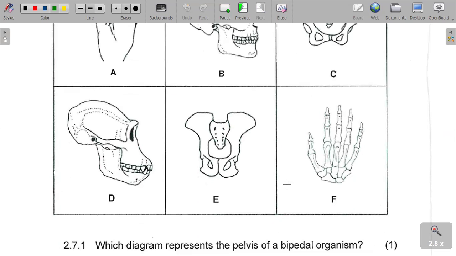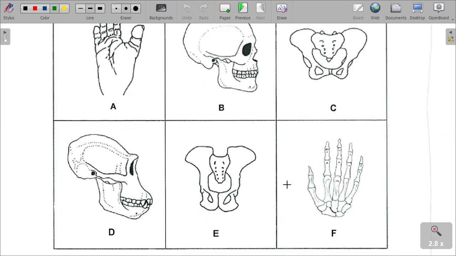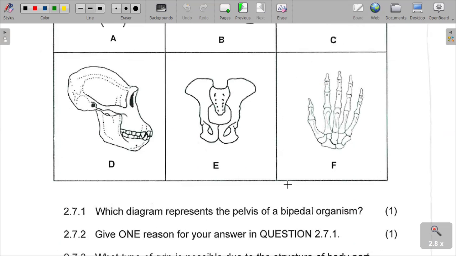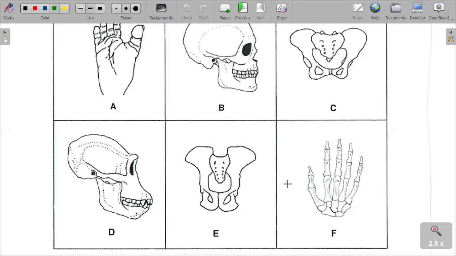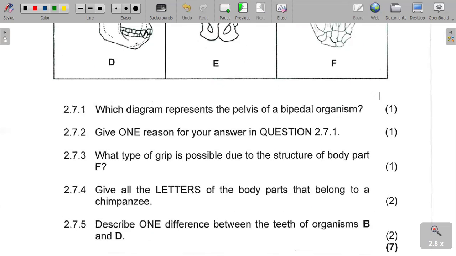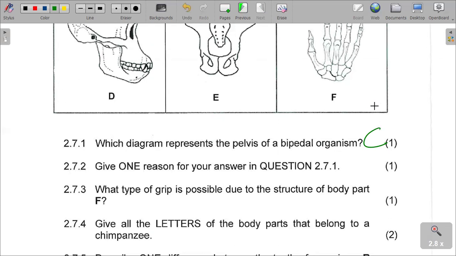The pelvis must be short, upright and broad, or wider, which can be C. So our answer in this case is C, and then give one reason for your answer. I already mentioned this reason, but let me write it again: the pelvis is short and wide.